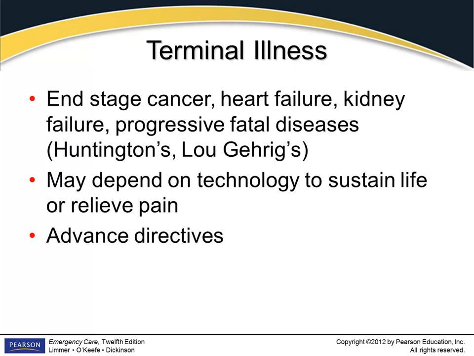A lot of these patients may have an advance directive. Do you remember when we were in our legal chapter what I told you about advance directives and that kind of thing? Do we care if they have an advance directive?